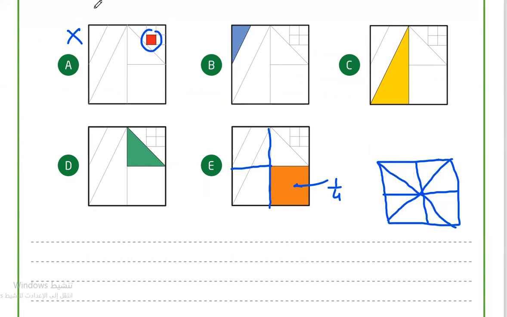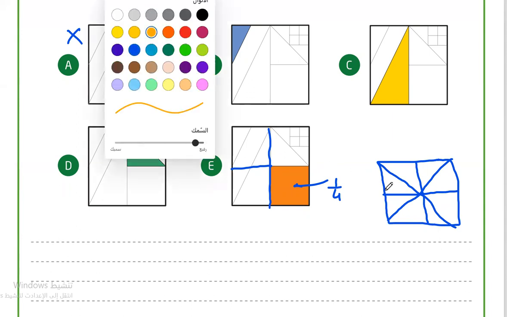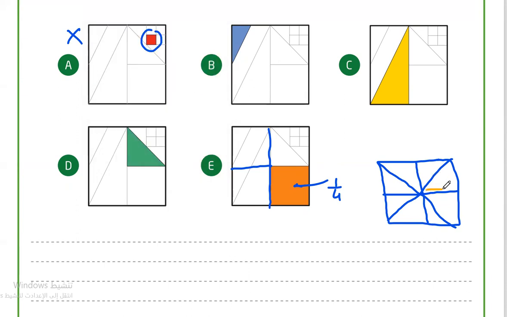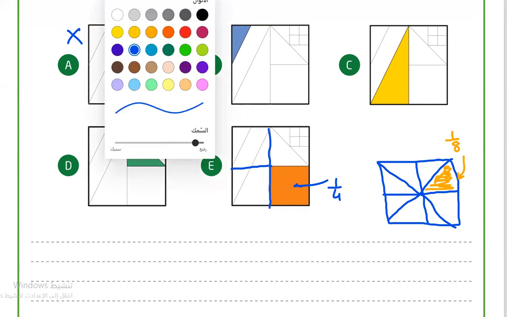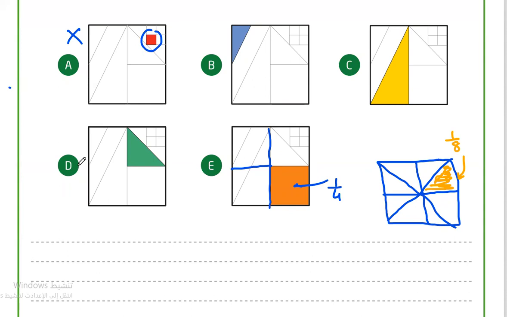Now we have 8 pieces. So which one is 1/8? It must be a triangle. That's the same triangle. This now is 1/8, right? Yes, 1/8. Which one has the same shape or looks like it? What do you think?